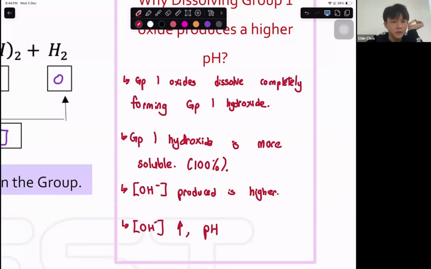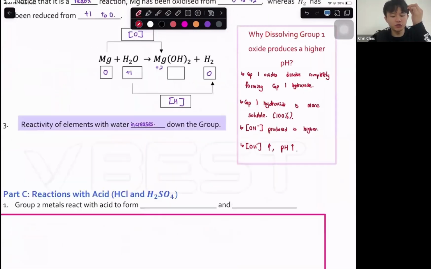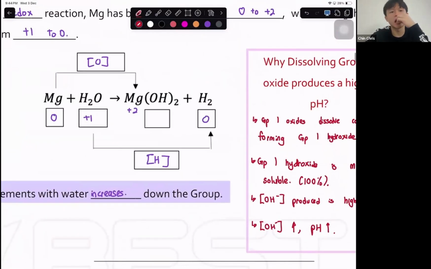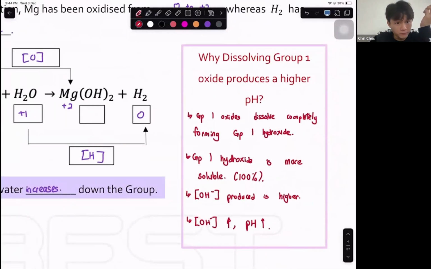Increases. Okay, please write it down. Good.